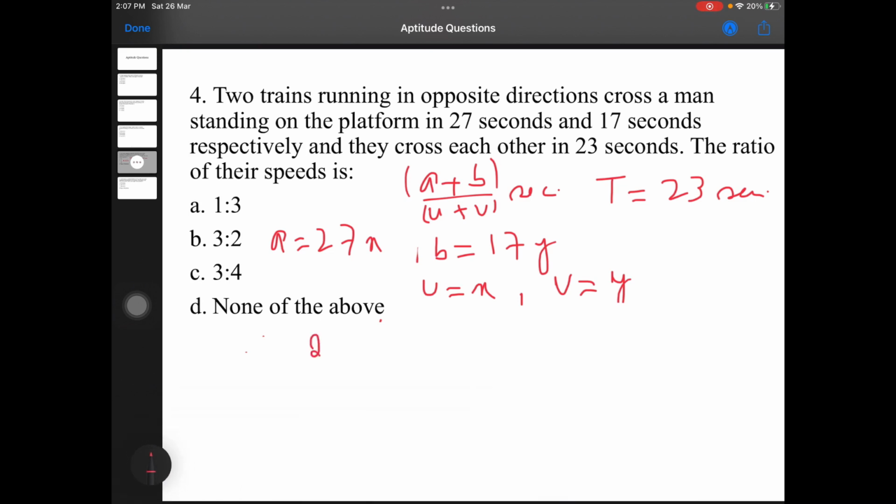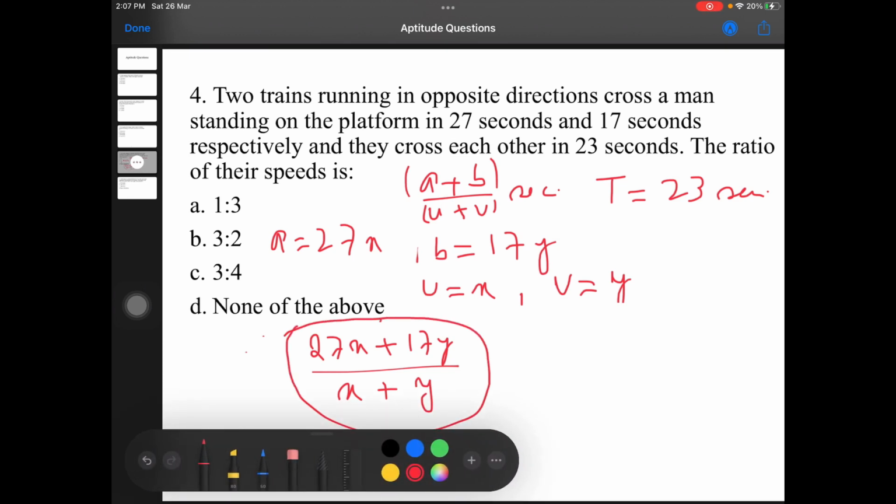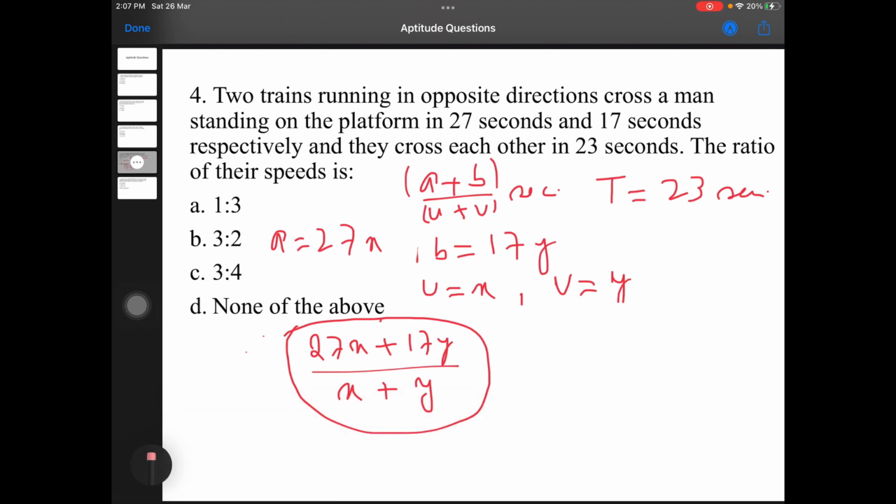A is 27x, B is 17y, U is x, and V is y. The time taken for the trains to cross each other is already given, which is 23 seconds. This one is equal to 23.